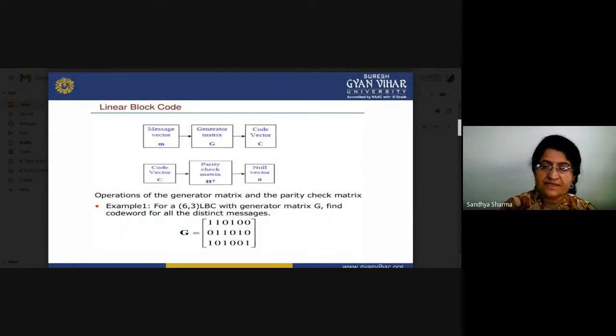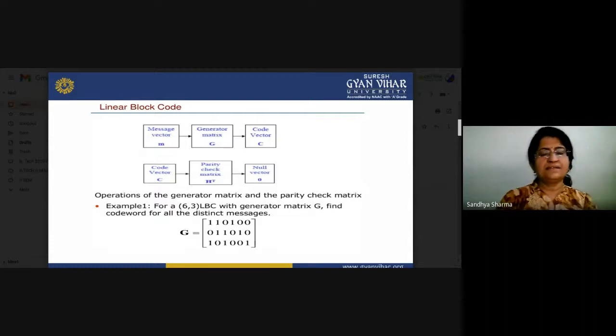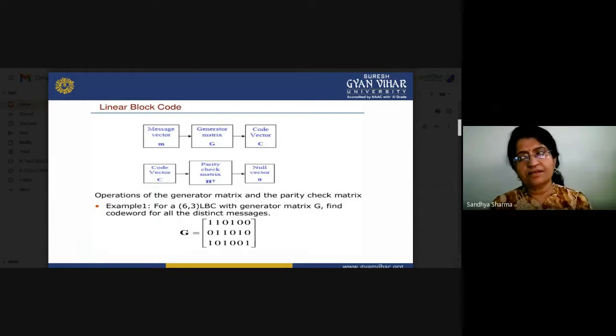So now we can see here the message vector. You have a message block and the generator matrix, and by multiplying, C is equal to M into G, you can generate the code word. Now the same thing happens in reverse.